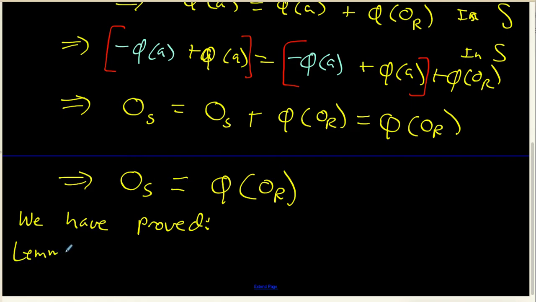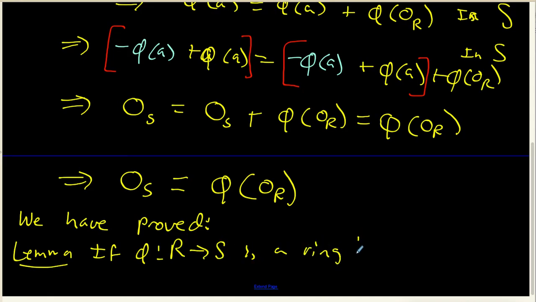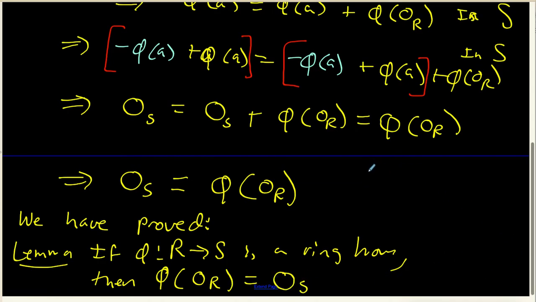This lemma states, if phi from R to S is a ring homomorphism, then we know that phi of the 0 element inside R is always going to be the 0 element inside S. What we can think about schematically is this idea.